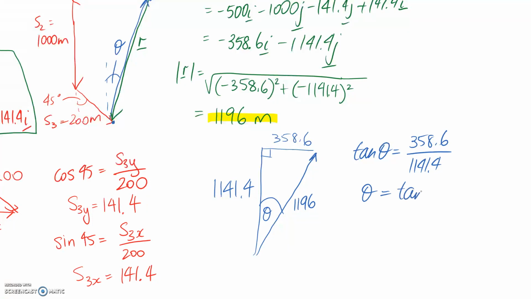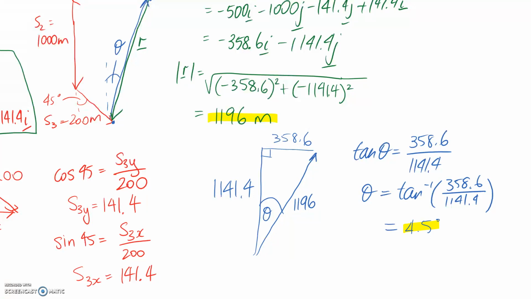So solving for theta, it's just going to be tan inverse of that amount. And we can solve that. Comes to 4.5 degrees approximately. So that would be the answer.